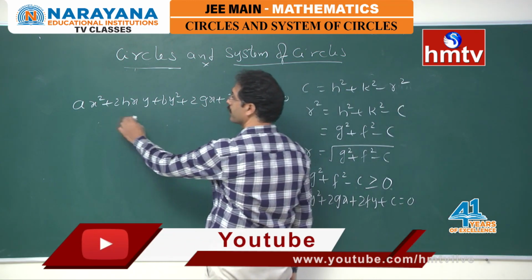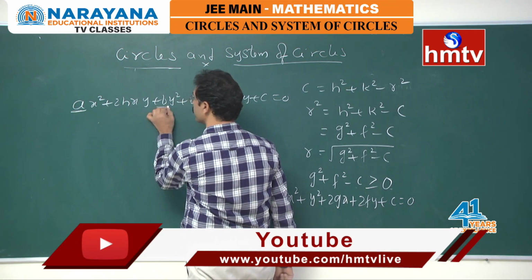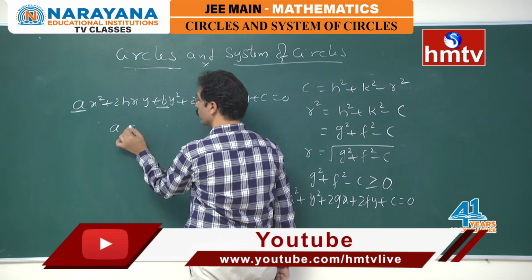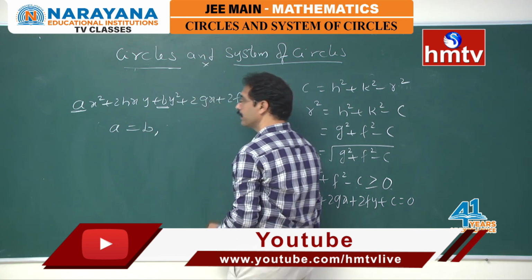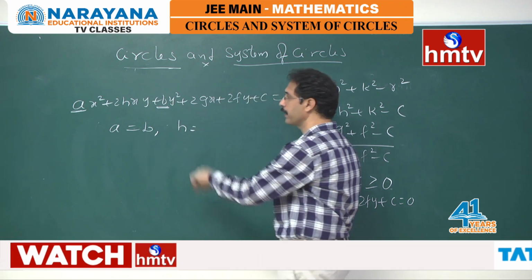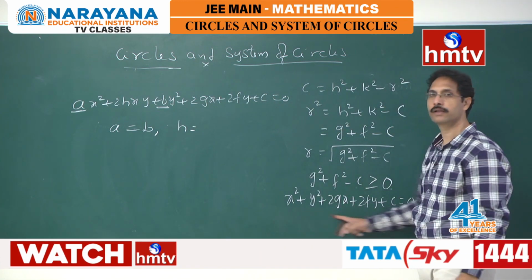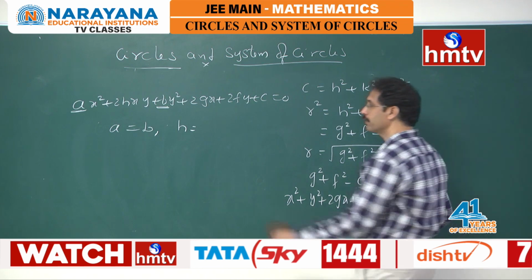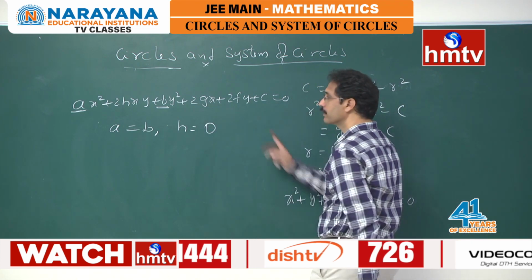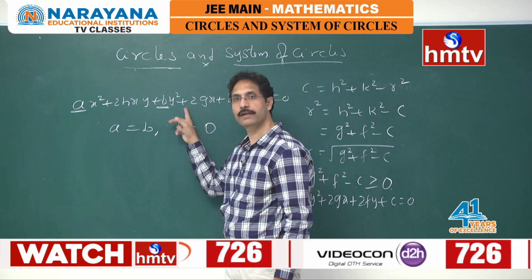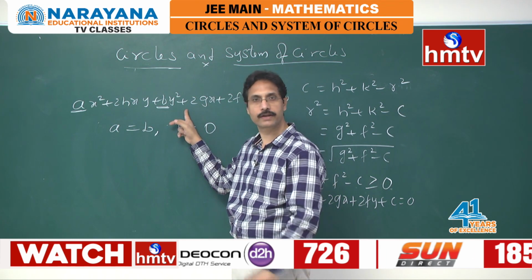So, it represents a circle only when a = b, and h = 0. Why are we making h 0? In our equation of circle, there is no xy term. That is why h = 0. Then this represents a circle. That may be a real or imaginary circle.